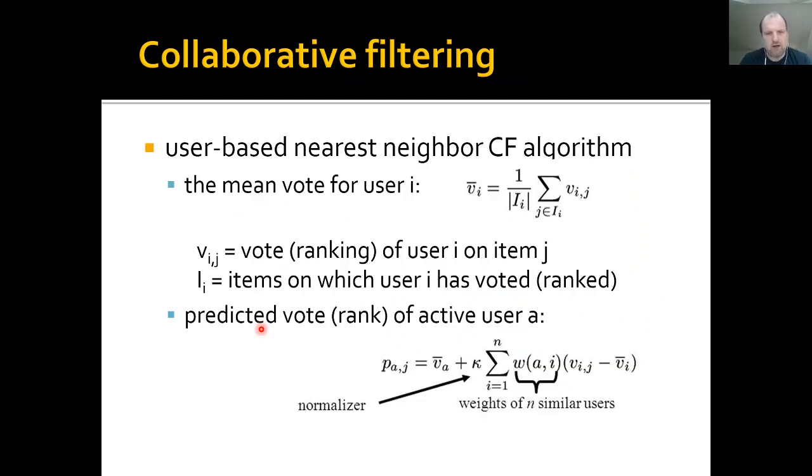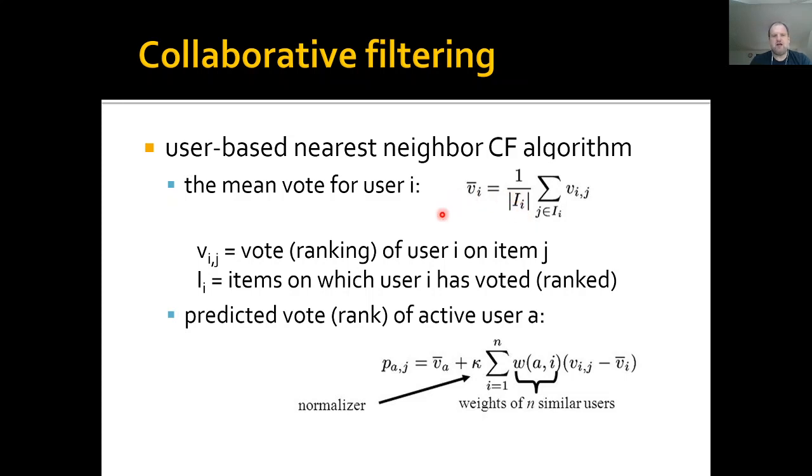When it comes to computing and making the method formal, we can use either user-based or item-based collaborative filtering. We have the nearest neighbor algorithm for this, and we could model similarity between users or similarity between items. The first is similarity between users, where we first need to determine the mean vote for user I, computed as basically the average vote for that user.